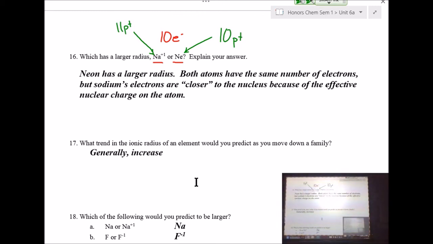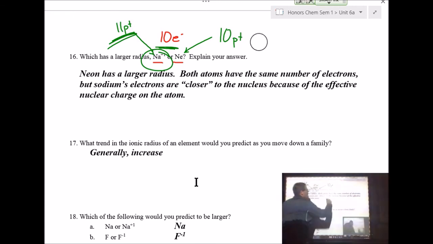Oh, that's Na+1 and Ne. I was so confused. I thought it was Ne+1 and Ne. Yeah. All right, so in this case, since we have more protons than we do electrons, this one is smaller. No, that makes sense. I just thought they were both Ne, and I got real confused. Well, there you go. Protons being different things.